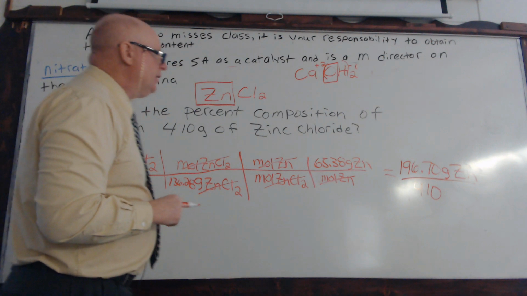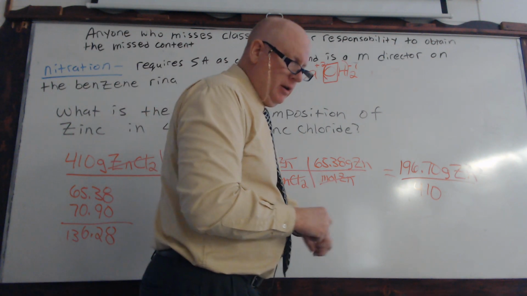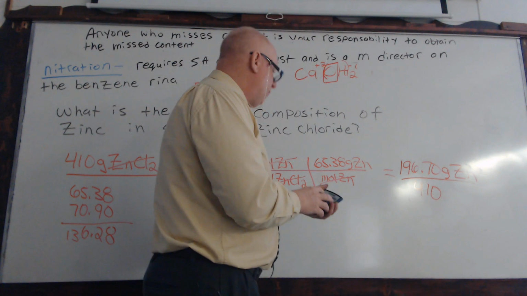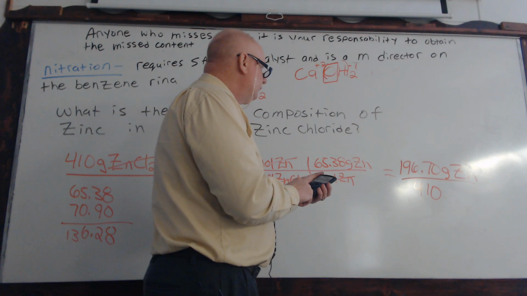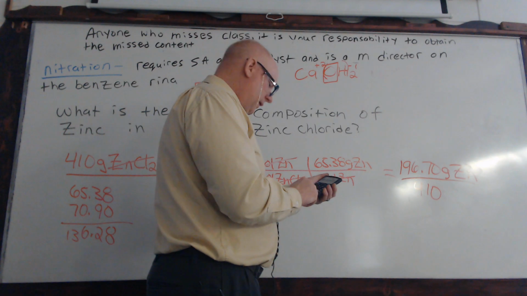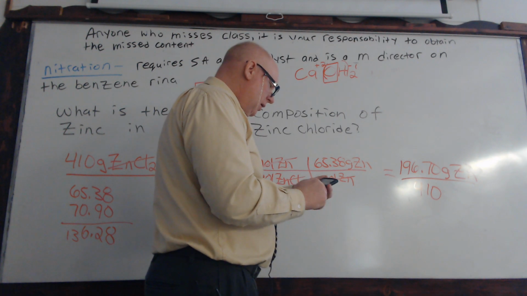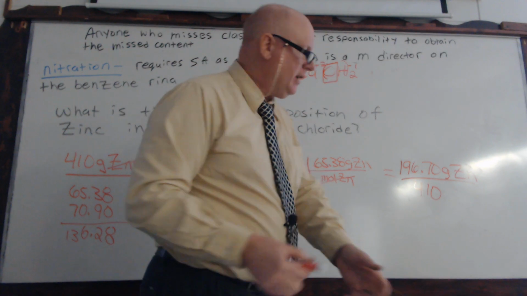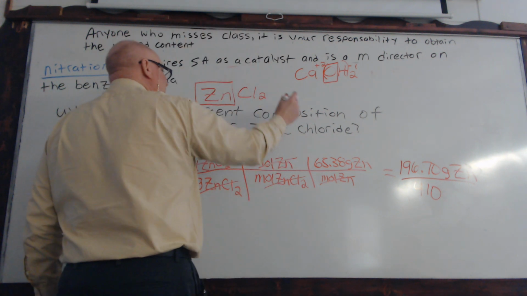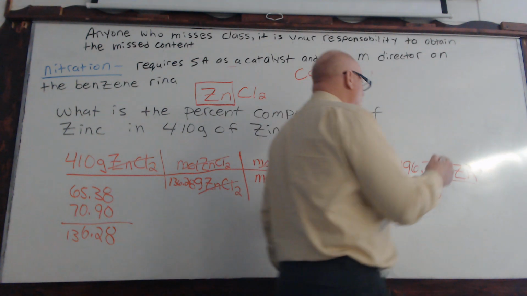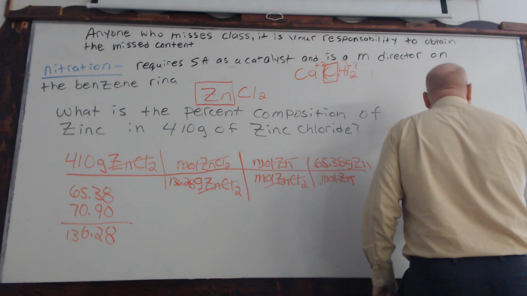So, upon doing that, that means 196.7 divided by 410. So that'd be 48%. So 48% of this compound is composed of zinc.